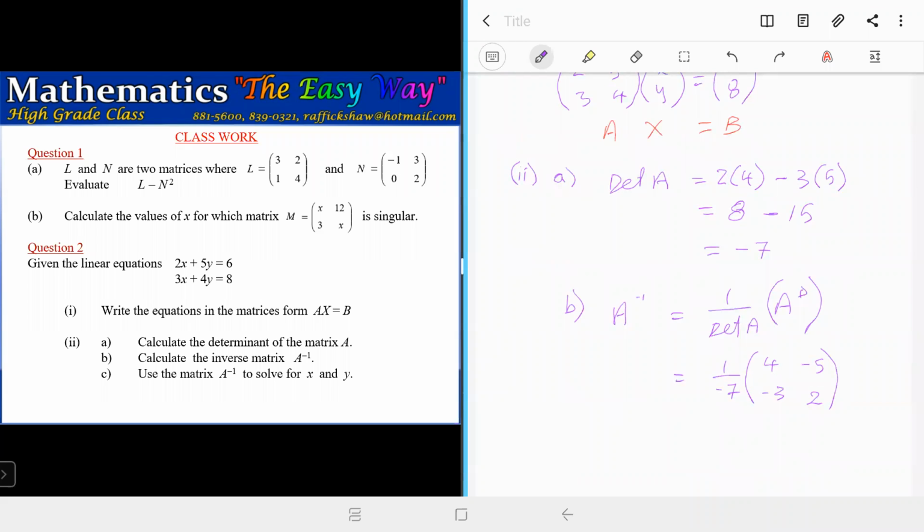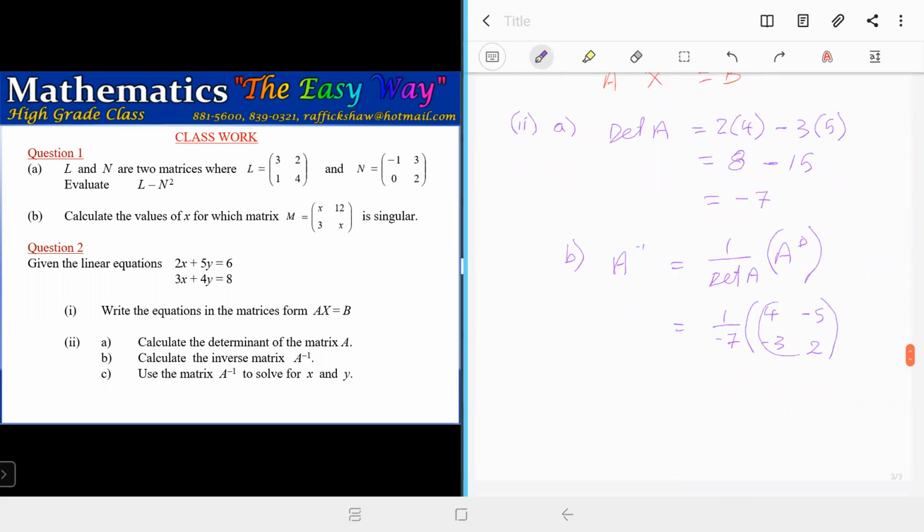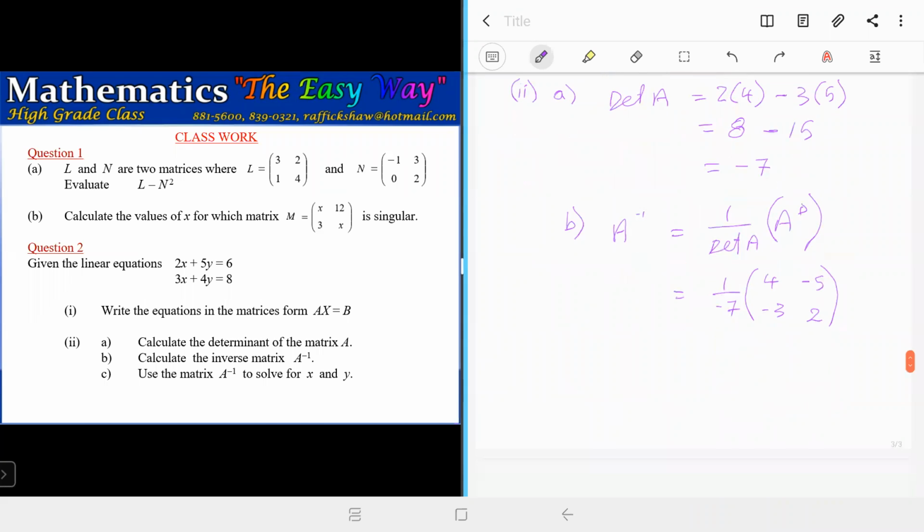All right, and then now it's a matter of dividing each value by the -7. Remember that negative over negative is positive, so you don't have to put like -5 over -7. As I said, if I'm going to do any calculation, I'm going to use this for the fraction outside. But in writing the final inverse, I'm going to divide by the -7.